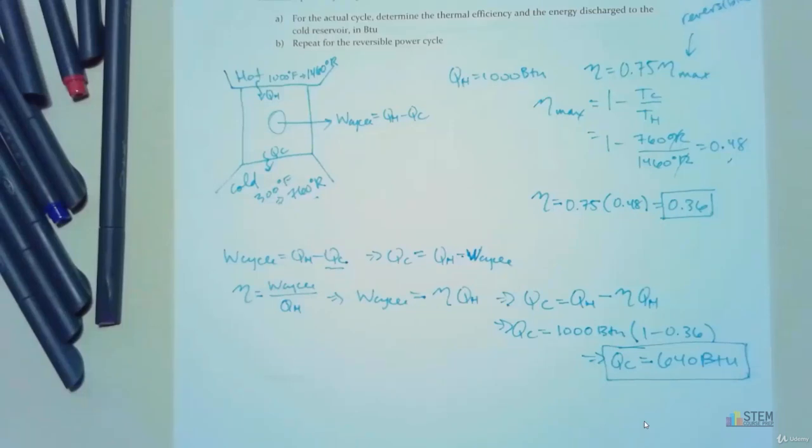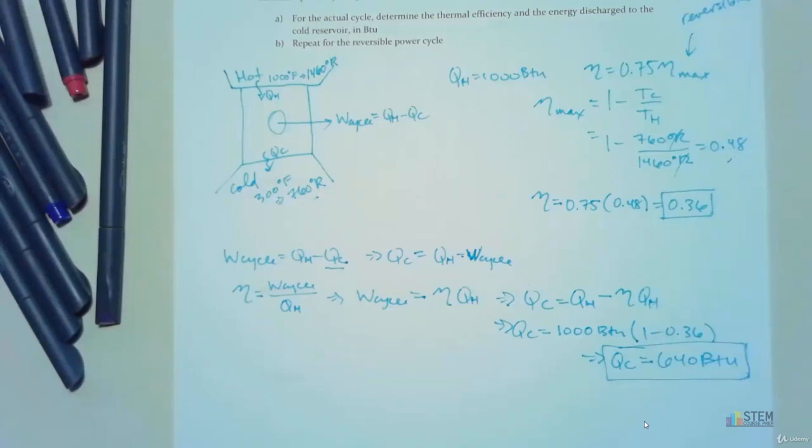That gives you our energy discharged to the cold reservoir. Now, if you think about it, this is a lot of energy just to be discharging to the cold reservoir. Under ideal circumstances, you would want to convert this over to work. But we don't have a very efficient process, so we're discharging a lot of that energy.